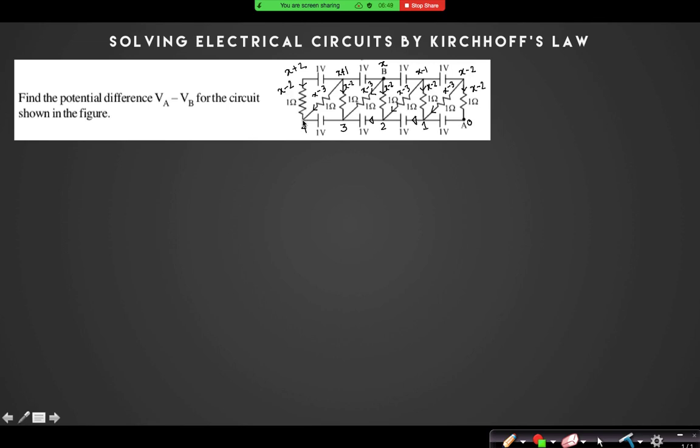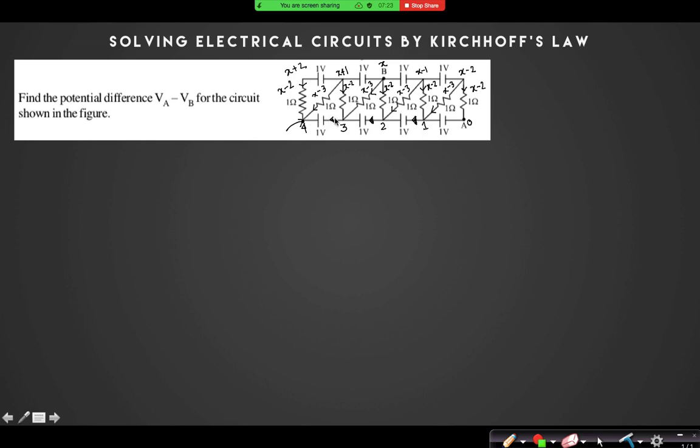What I will use at this point, can you see this is a junction? At this junction, the total current must be 0. So what is the current in this branch? Can I say the current in this branch is x minus 2 plus x minus 2 plus x minus 3, plus x minus 3 plus x minus 2? I have to add all the currents.